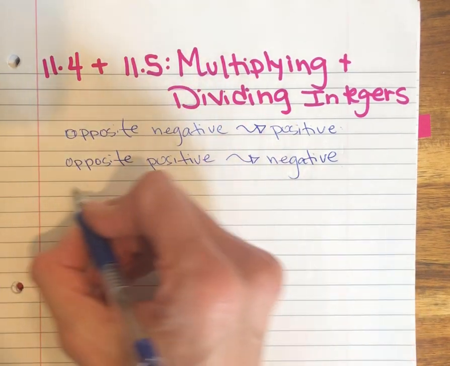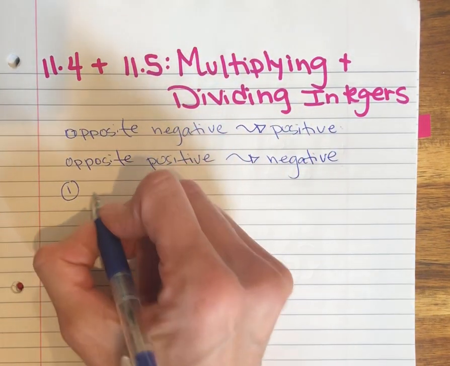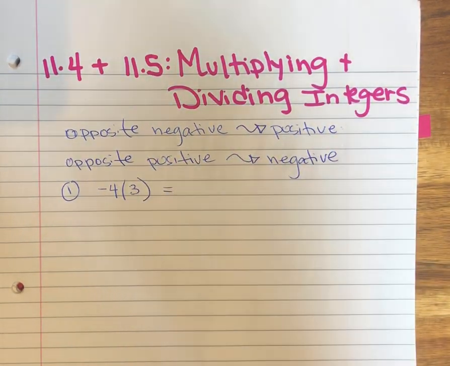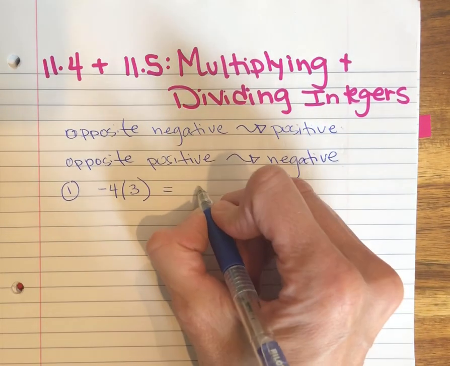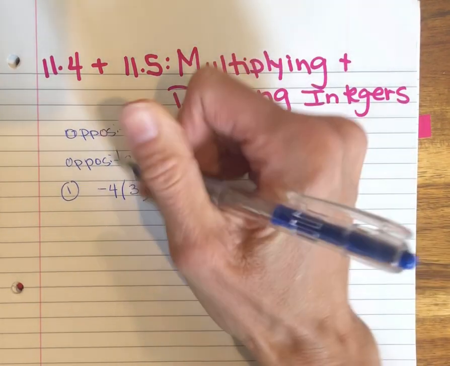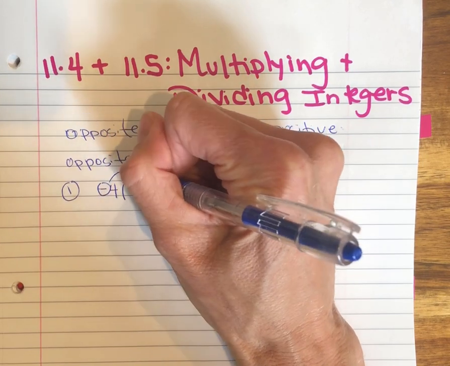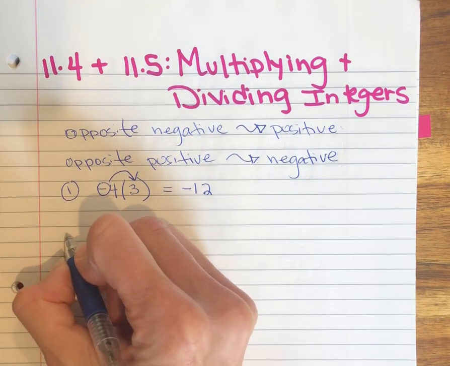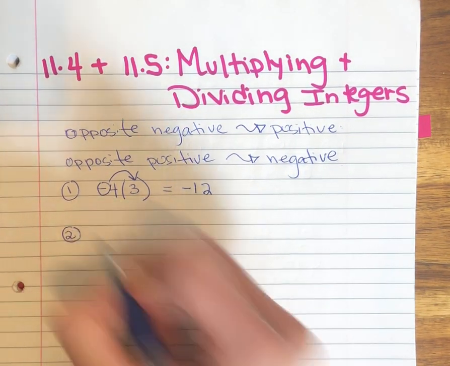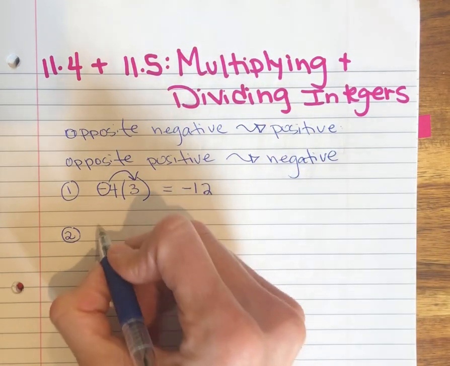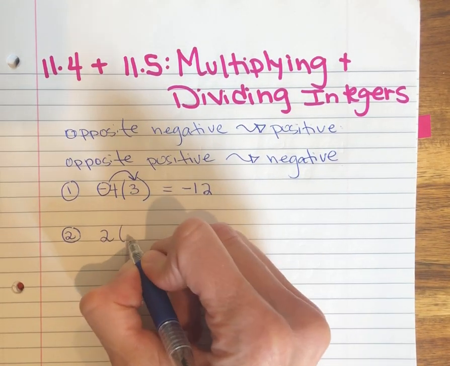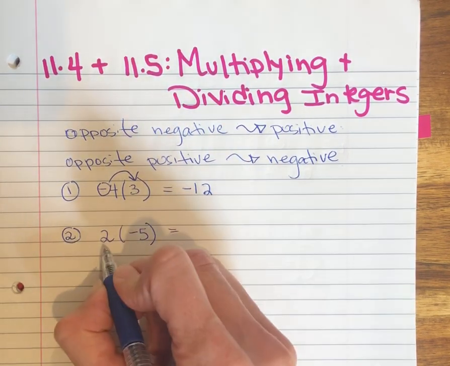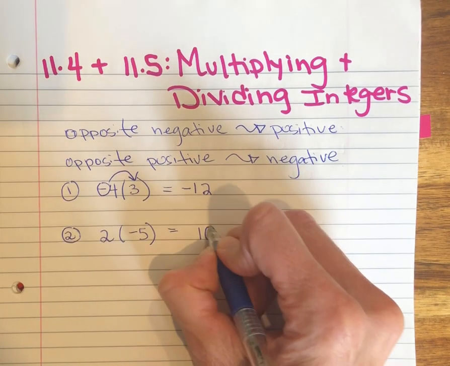Let's take a look at a simple example. Number 1, -4 times 3. So we would think of it as 4 times 3 is 12, and the opposite of a positive is a negative, making it a -12. Let's try another one. 2 times -5. Well, we know 2 times 5 is 10.